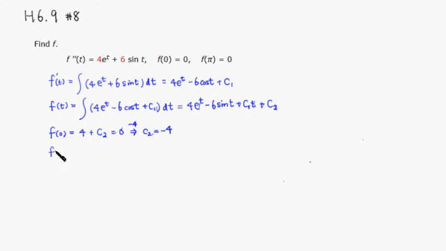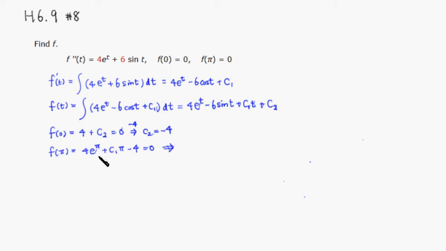So f of pi: if you plug in pi, that's 4e to the pi, and the sine of pi is actually 0, plus c1 times pi, plus c2, which is negative 4, and this is supposed to be equal to 0. So we can solve for c1.